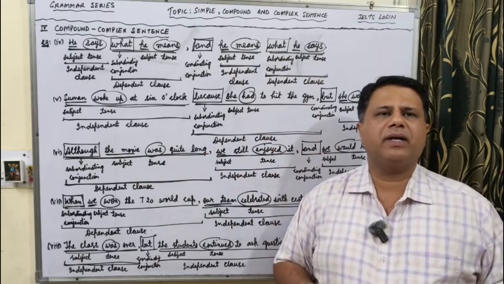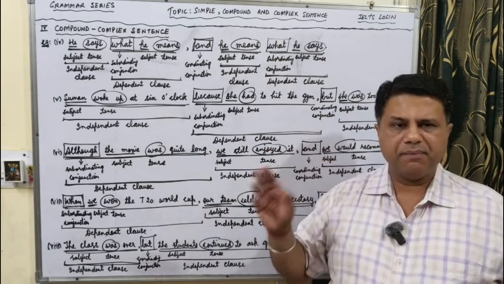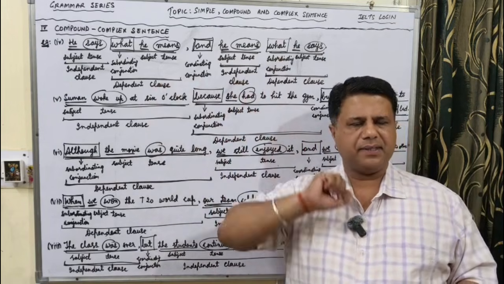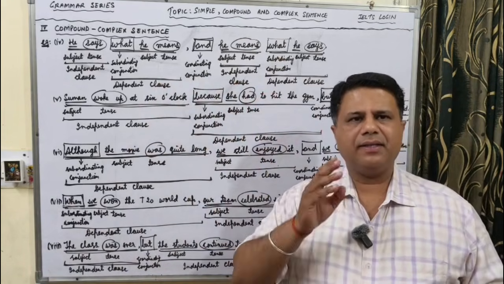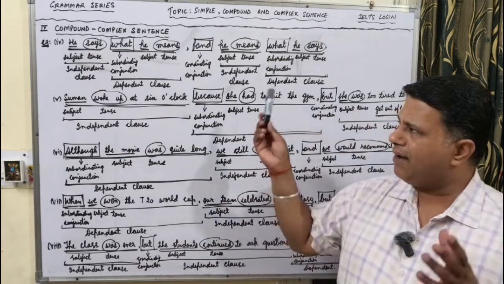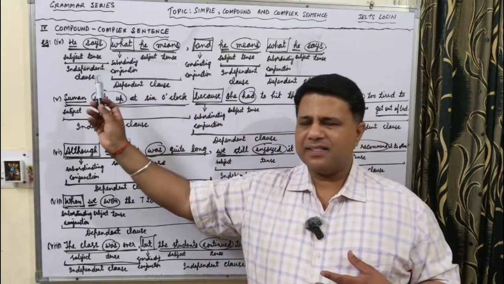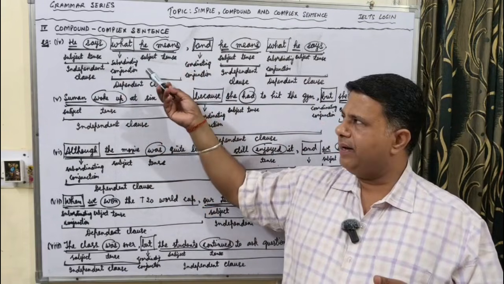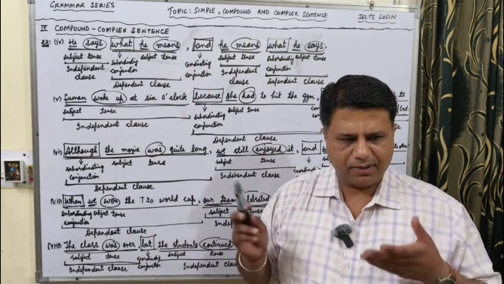Now the next example: although the movie was quite long, although is the subordinating conjunction, the movie is the subject, was is the tense element. Children, if you notice one thing, throughout the topic of simple, compound and complex sentences, you must have noticed that I have underlined half a sentence in every topic. These underlined parts denote a clause, and I have written under each whether it is an independent or dependent clause.